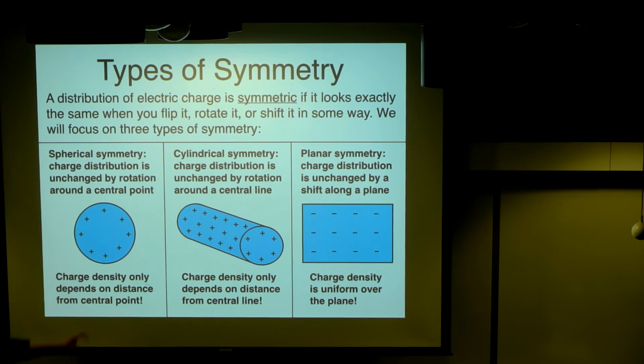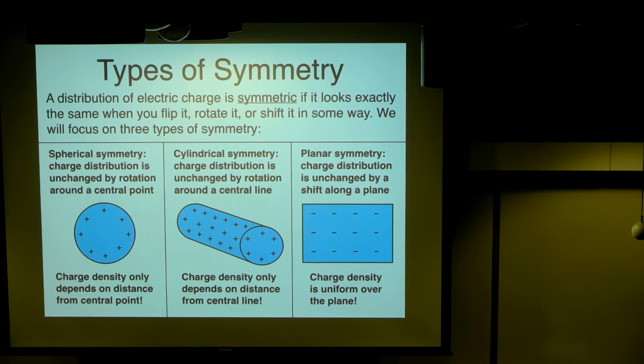So if you were to imagine taking this ball and rotating it around the center, you can rotate it this way, that way, any way you like, it would still look exactly the same. It would still just look like you have a ball with positive charge all on the outside. So by rotating it in this way, we don't really change the way the distribution of charge looks, and therefore we have what's called spherical symmetry, okay?